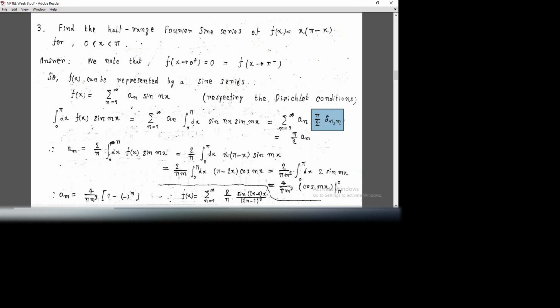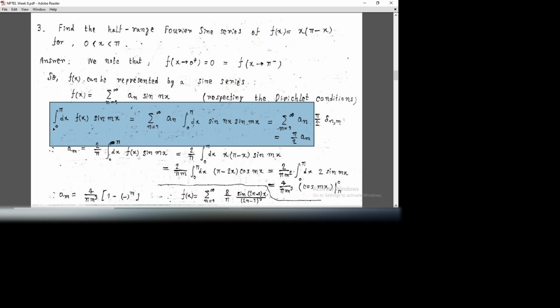So using the property of the Kronecker delta that I have just stated, the result of this summation is pi by 2 a_m. So that means this left hand side is equal to pi by 2 multiplied by a_m.